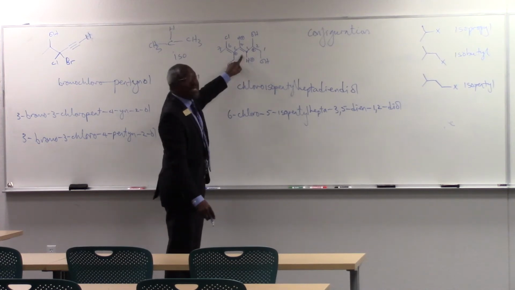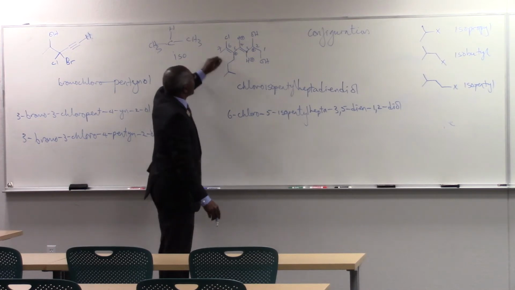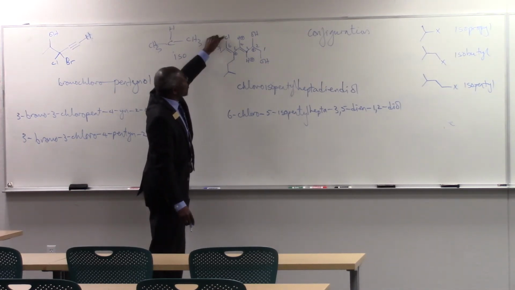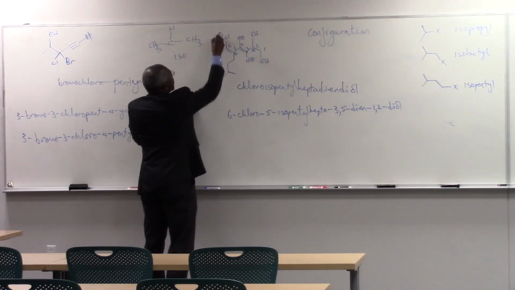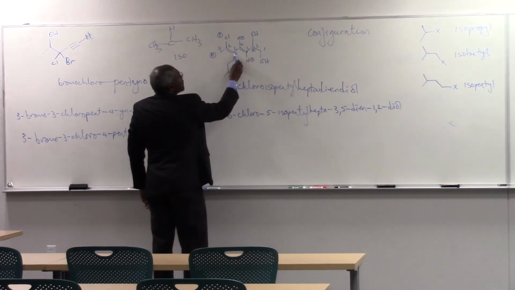So this side is E. Okay, then on this one, chlorine has a higher atomic number than carbon. So this is priority 1, that's priority 2. On this one, I've got carbon and I've got this.